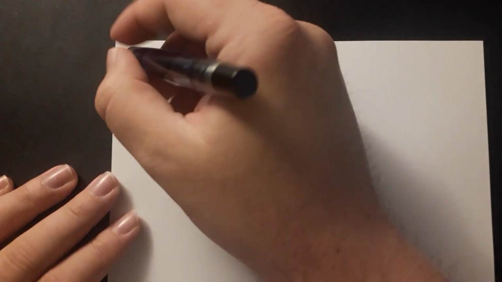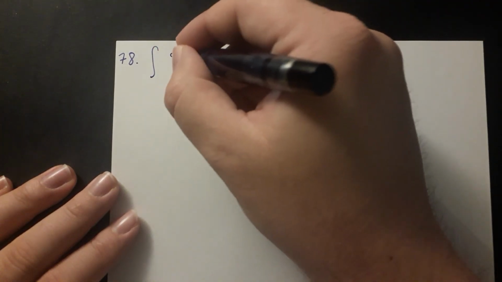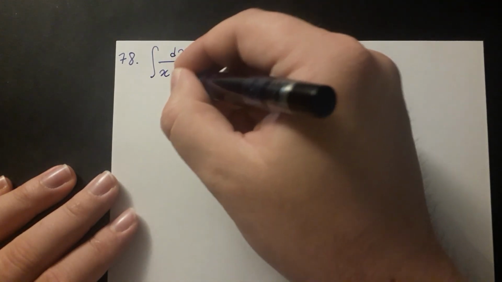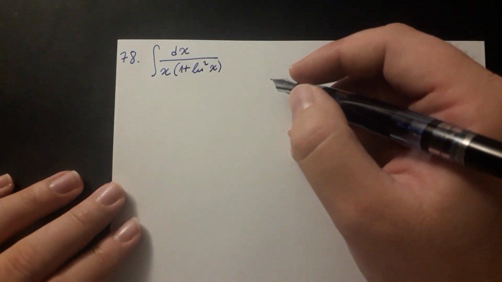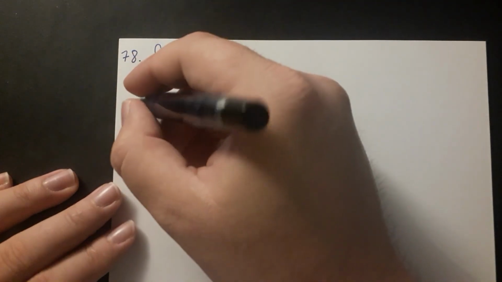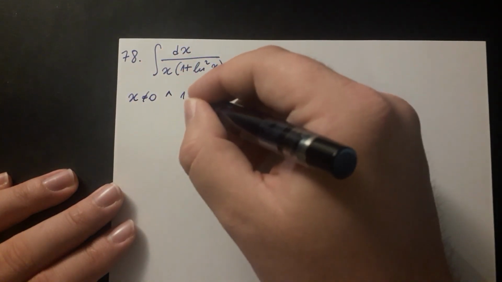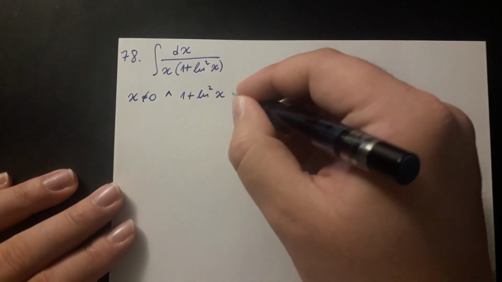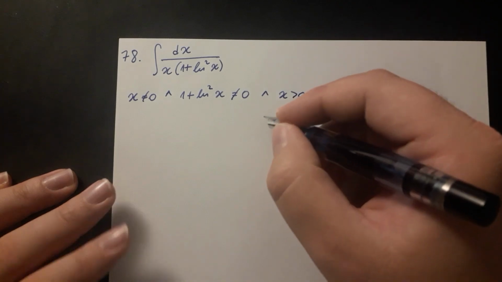Problem number 78 on our list is an integral of dx divided by x times 1 plus ln squared of x. Now this integral is defined for x different than 0, 1 plus ln squared of x different than 0, and x larger than 0.